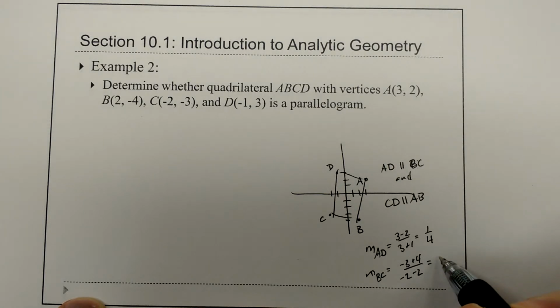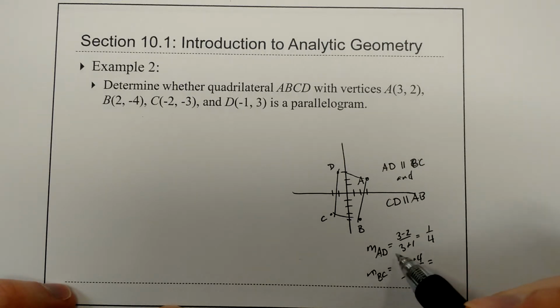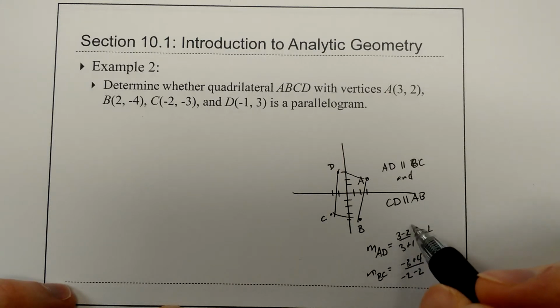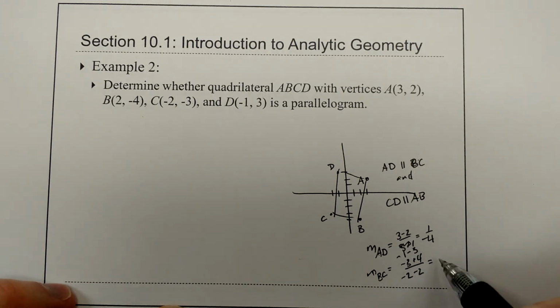Where am I going? Oh, sorry, I'm off by a sign somewhere. AD, 3 minus 2, oh, those are backwards. Negative 1 minus 3, so that's negative 4. So this is also negative 1/4.